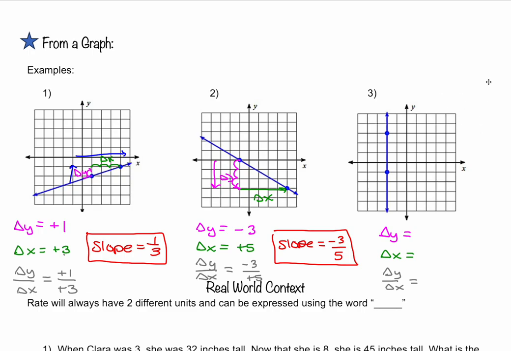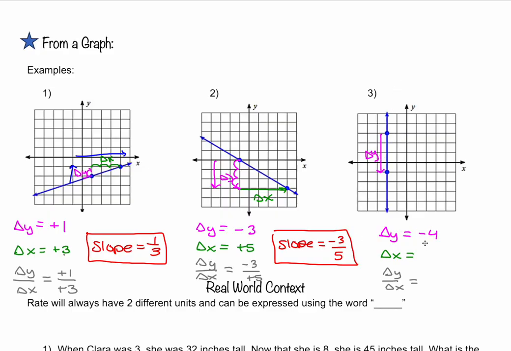Okay, first thing is change in y. So I'm going to pick either of these clean coordinates. I'll just start with the top one, and I want to go to the second clean coordinate. So I want to go down 1, 2, 3, 4 spots for my change in y.